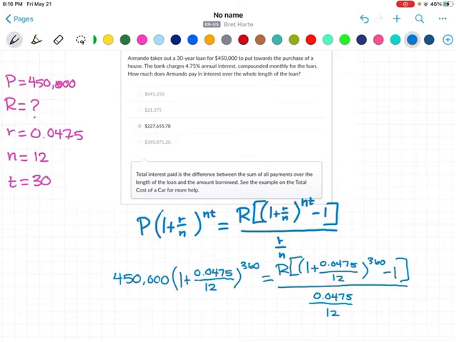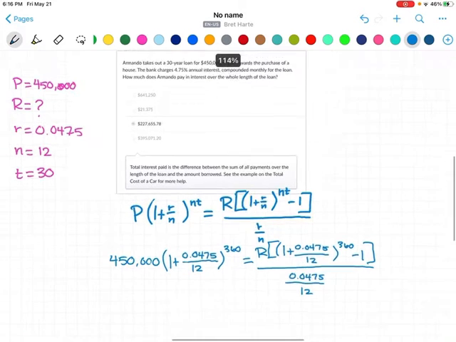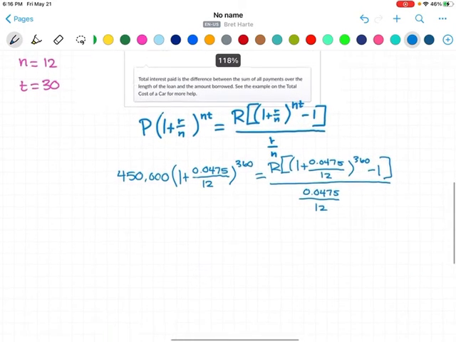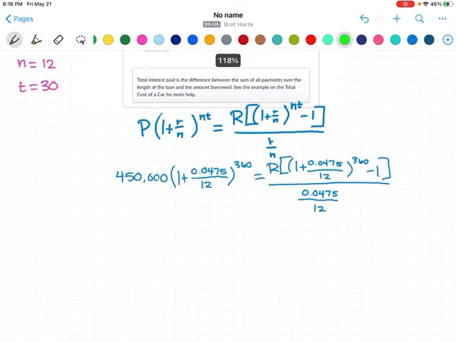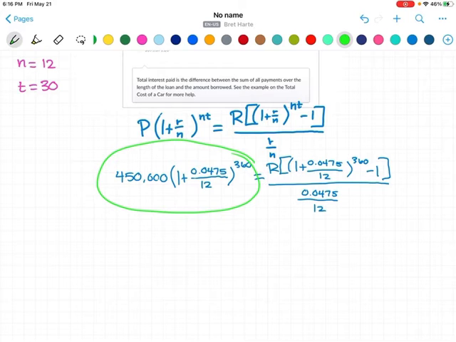Okay, so let's start on the left side of the equation. I always like starting off with a fraction, so let's do that. 0.0475 divided by 12, plus 1, to the power of 360.